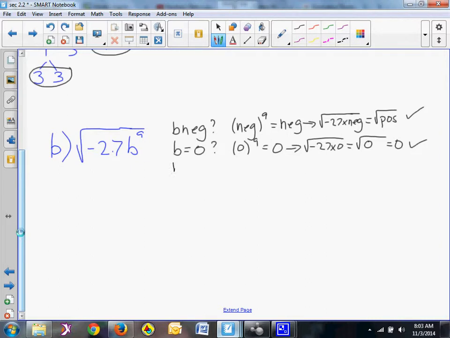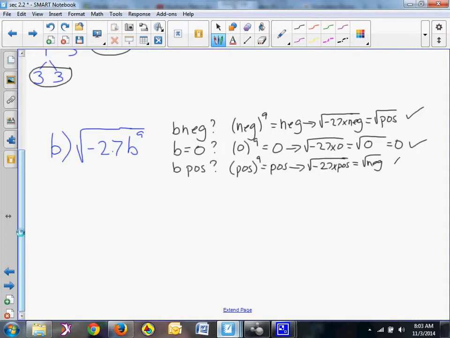Now, can b be positive? If I take a positive number and put it to the power of 9, a positive number to any power is always going to give you a positive. So then I have the square root of negative 27 times a positive. Negative 27 is negative, and a negative times a positive is negative. So it's asking me to take the square root of a negative number.